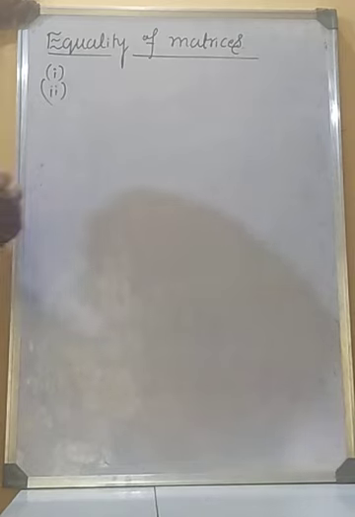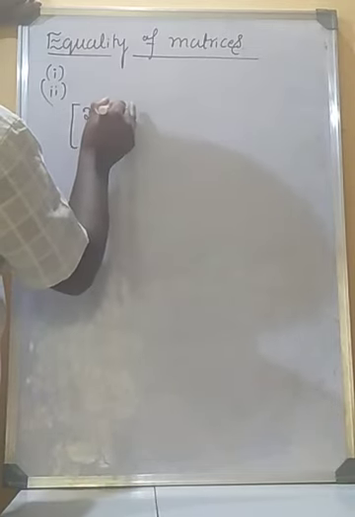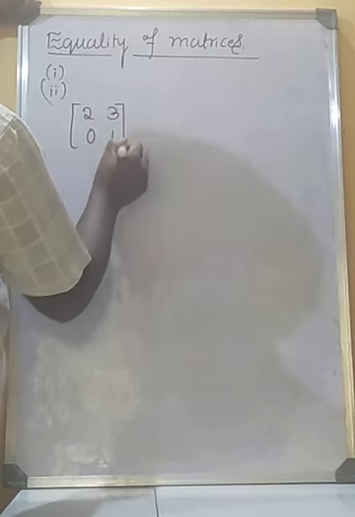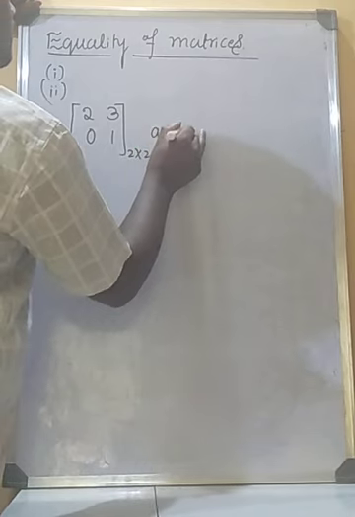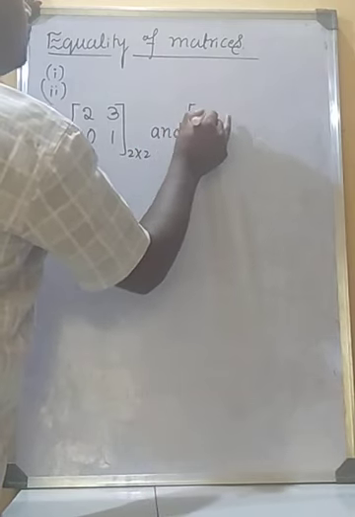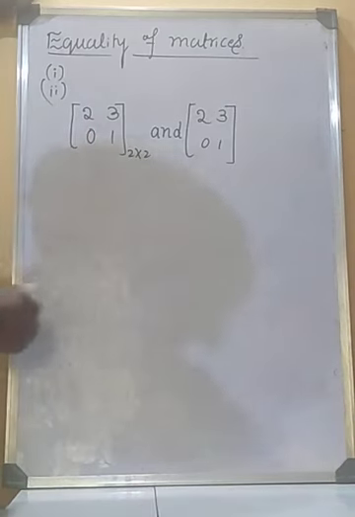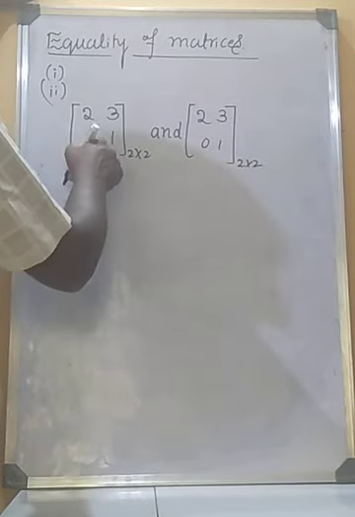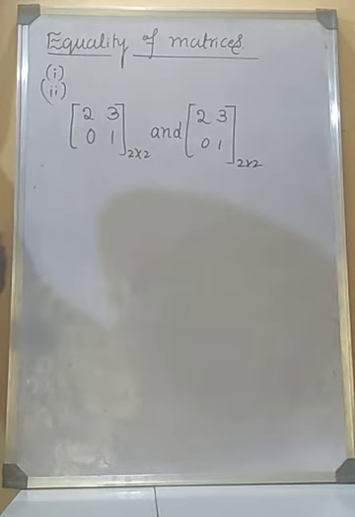Okay. For example, matrix [2 3; 0 1] of order 2 cross 2, and one more matrix [2 3; 0 1], are equal matrices, because the order is 2 cross 2 for both.